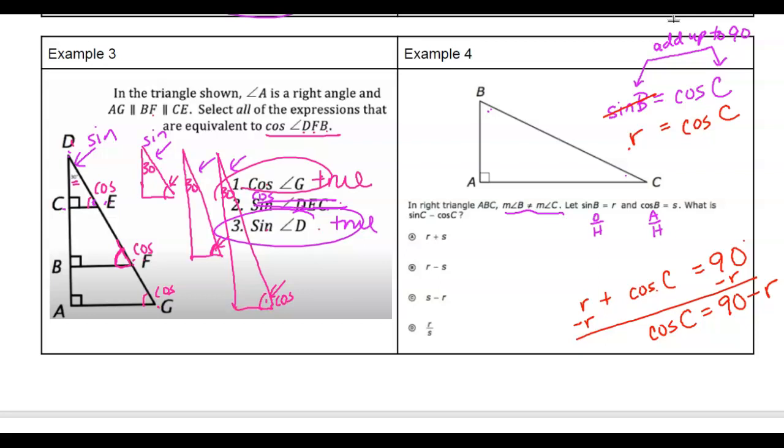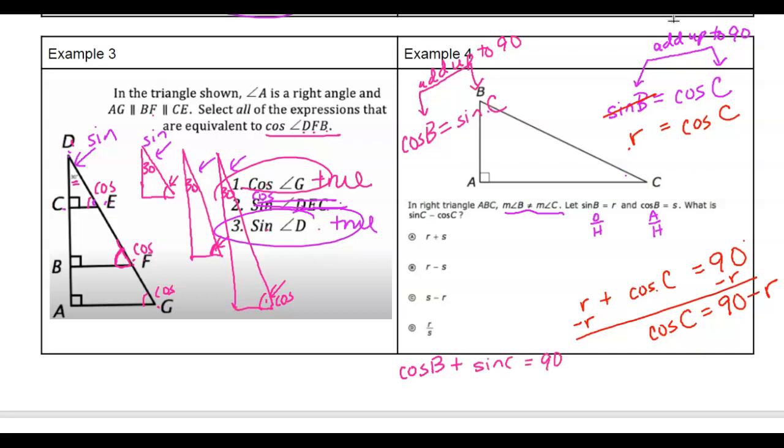What about the cosine of b? So I know, let's write it over here. The cosine of b has to be equal to the sine of c. And once again, I know that these have to add up to 90. And so I'll even write it a different way. I could write the cosine of b plus the sine of c has to equal 90.